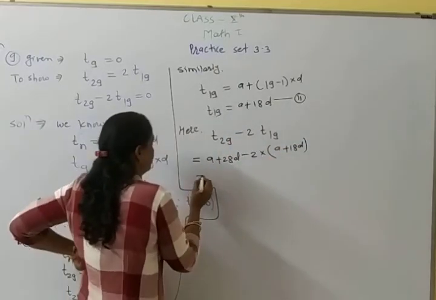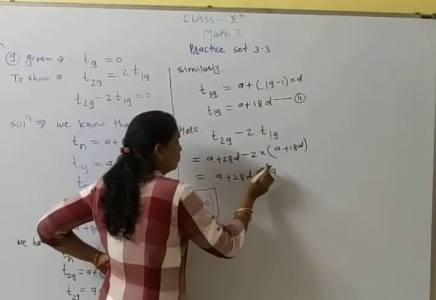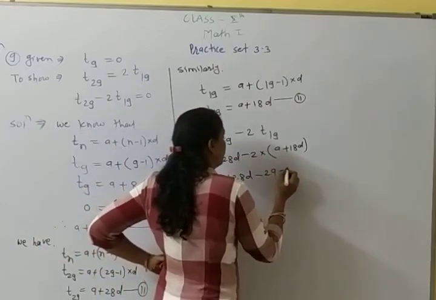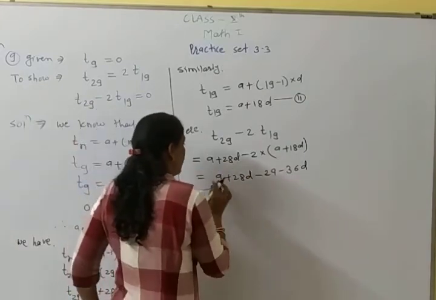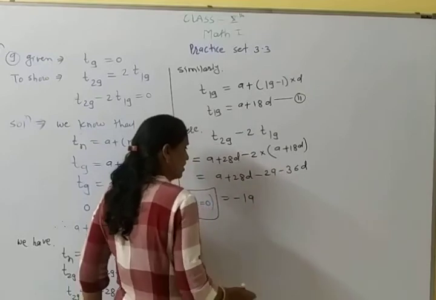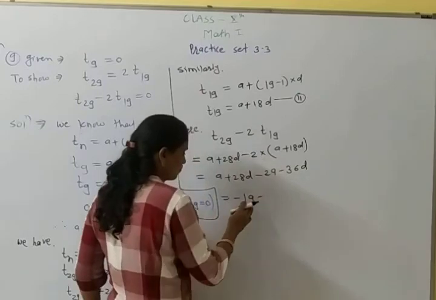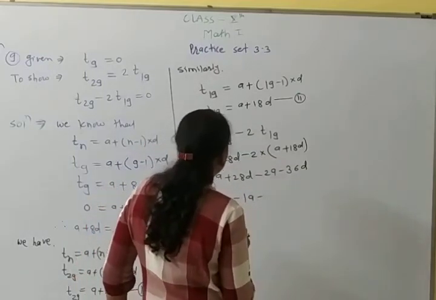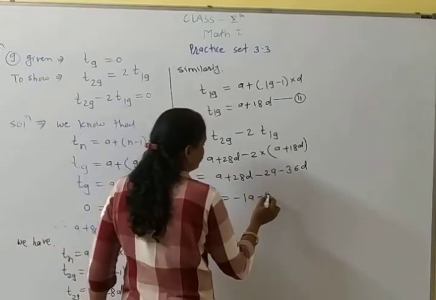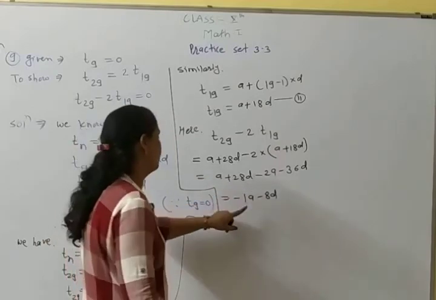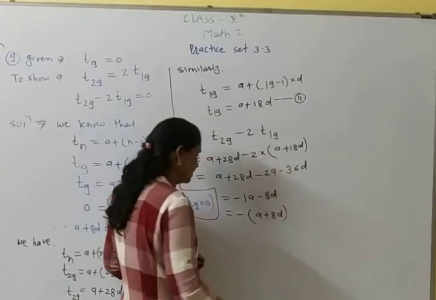Solve this bracket: A plus 28D minus 2A minus 36D. Then A minus 2A means minus A, and plus 28D minus 36D equals minus 8D. So minus A minus 8D. Here the minus sign is common, and the remaining term is A plus 8D.